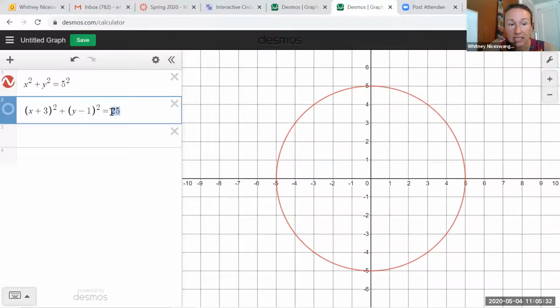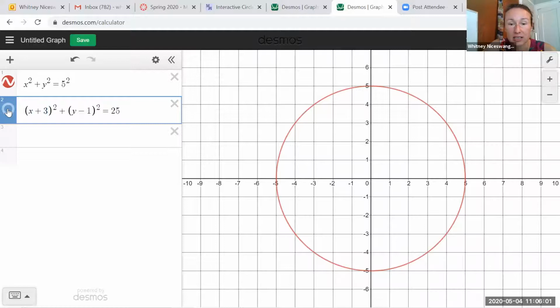So our radius is still going to be the same, 5 squared, so our radius is 5, but y minus 1, so to get the same effect, our y is going to have to increase by 1, and x plus 3, so to get the same effect, our x is going to have to decrease by 3. So this is going to be the same circle, but the center is now going to be at -3, 1.